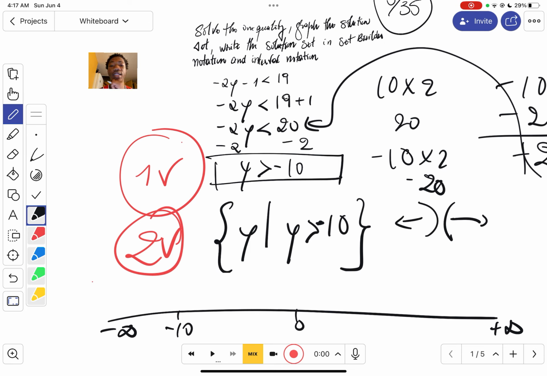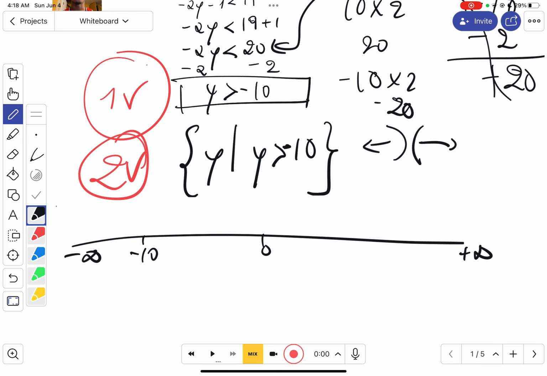In this case, if we take 10 for example, 10 goes toward the positive numbers, so on the right, and 10 will verify the inequality that we have. If we take 15, we plug 15 in for y, and 15 will also verify the inequality because 15 is greater than negative 10.